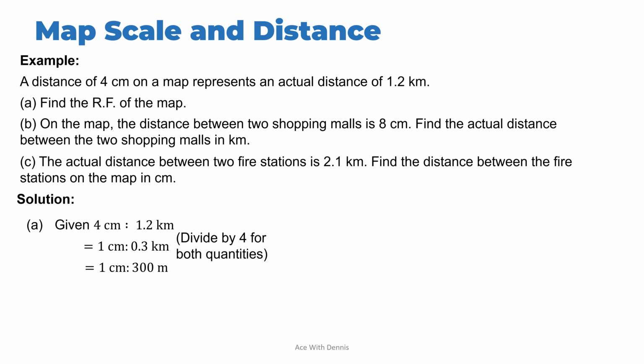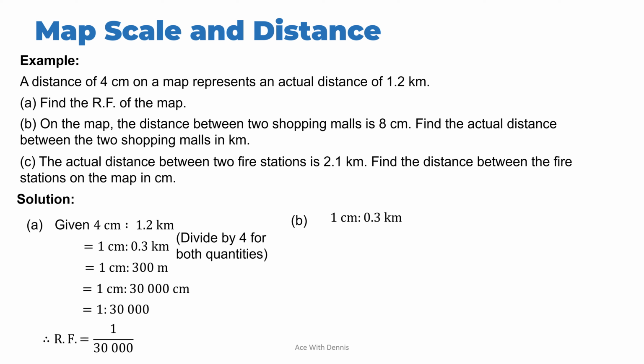Hence, it is also equals 1 centimeter to 300 meters as 0.3 kilometers is 300 meters. 300 meters is 30,000 centimeters. Therefore, the ratio is 1 to 30,000. Hence, the RF of the map is 1 over 30,000.